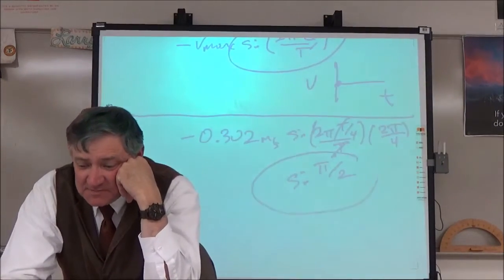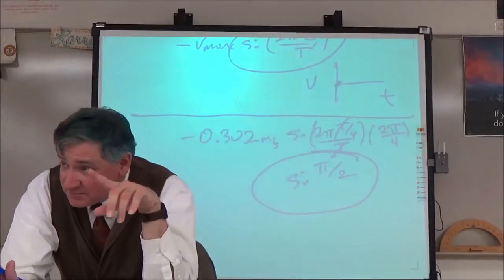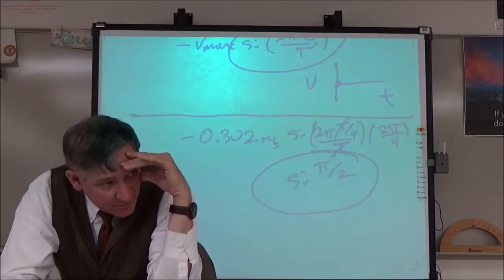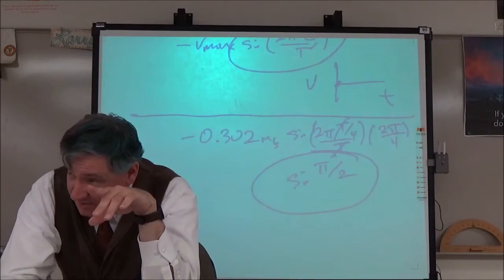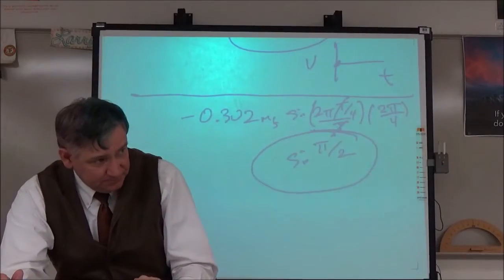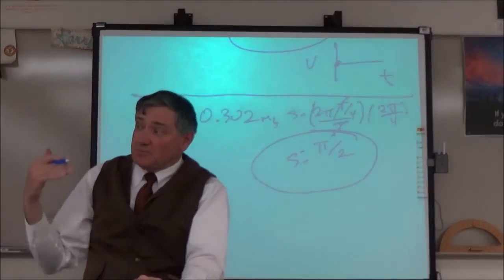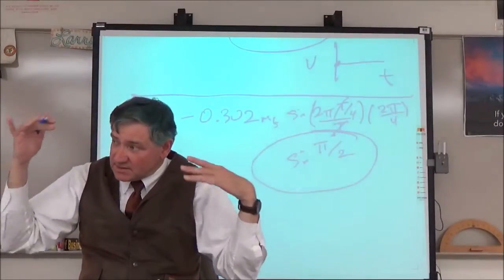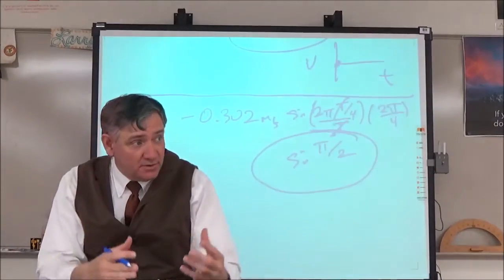If you don't trust your knowledge of trig functions, you can take negative 0.302, make sure that you're in radian mode, times the sine of pi over 2. Like I said, this is a more elegant approach. The t's cancel out. You're just always left with dealing with some value of pi.